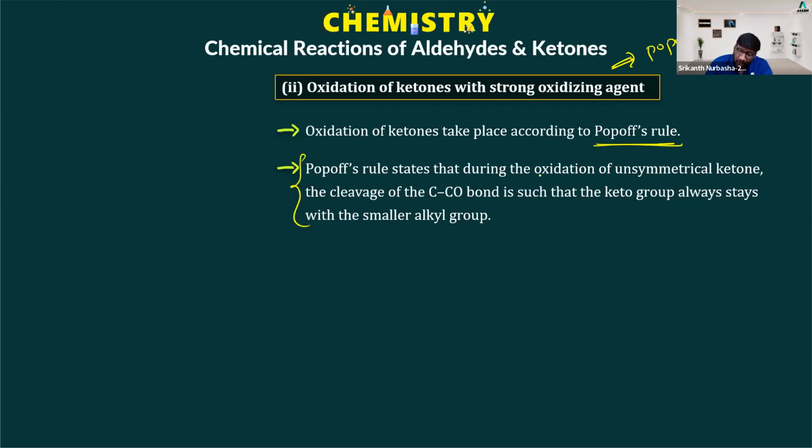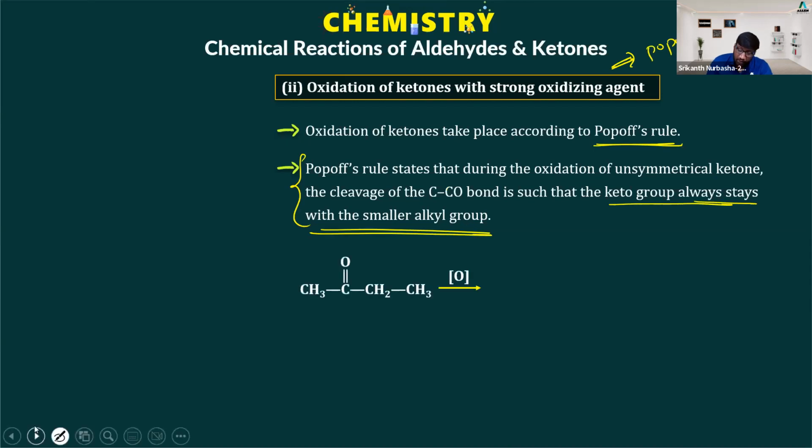Popoff's rule states that during oxidation of unsymmetrical ketone, the cleavage of the carbon-carbon bond, that is the carbon connected to C double bond O, is cleaved in such a way that the keto group always stays with the smaller alkyl group.